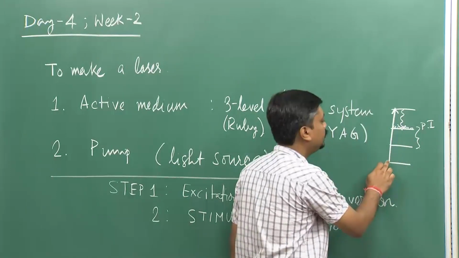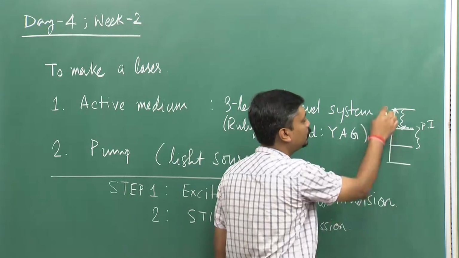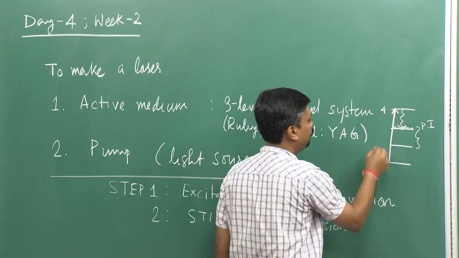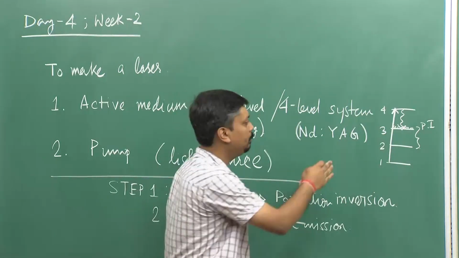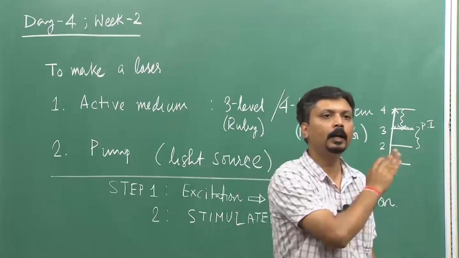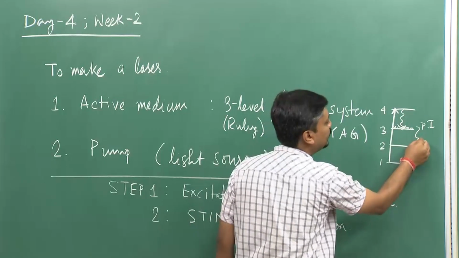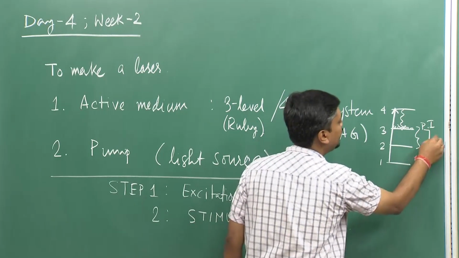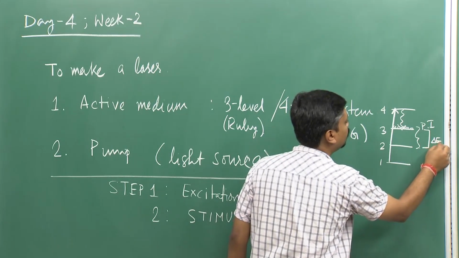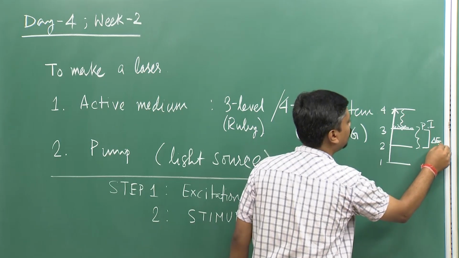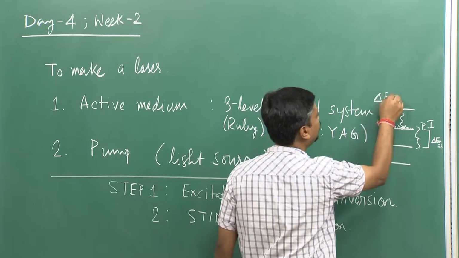Because my source is such that its energy corresponds to this gap. Okay? So, this arrow corresponds to the gap between the levels say 4, 1. So, I have, say, in this way, suppose I write, okay, which may be different from the last class, but you understand this. Okay? So, this energy gap is much more than this energy gap, right. So, this delta E, say delta E 2 3, and this delta E is delta E 1 4.